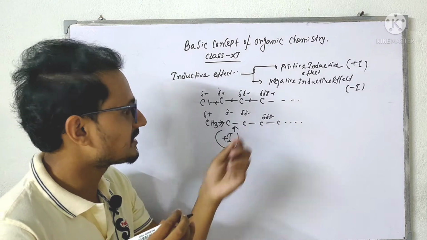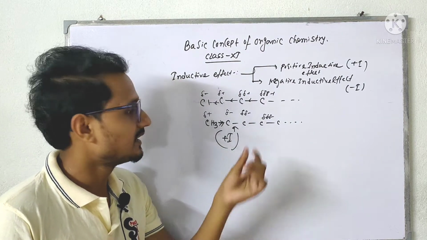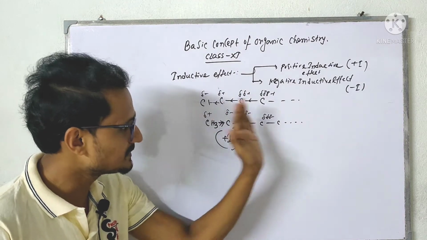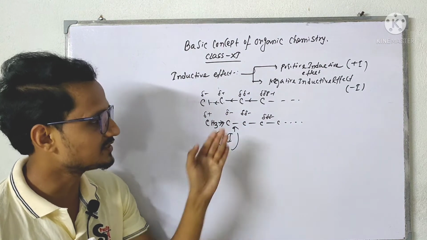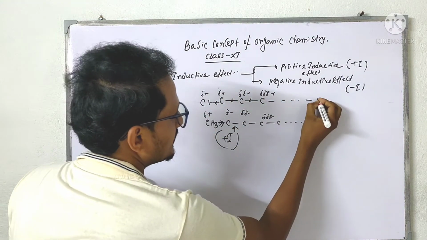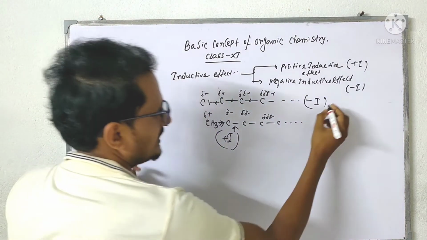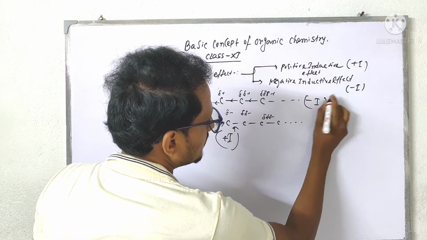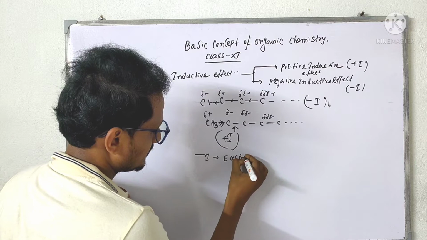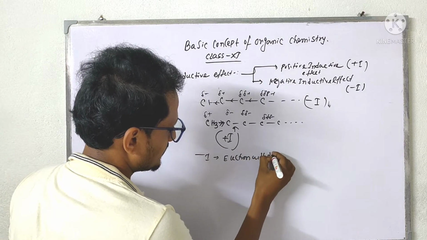Okay, and more electron density will be there on the other carbons, because this methyl group is pushing the electron density towards the neighbor carbon. And minus I effect is called electron withdrawing effect.